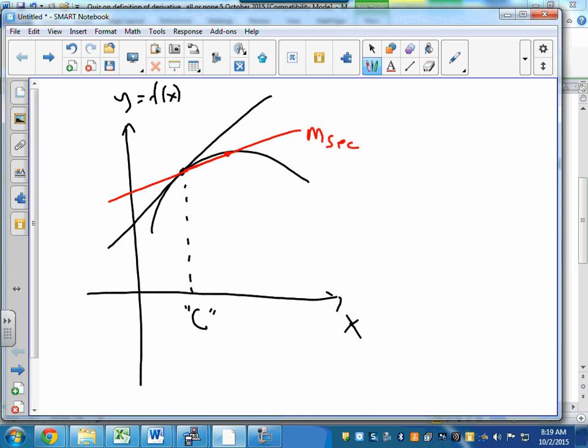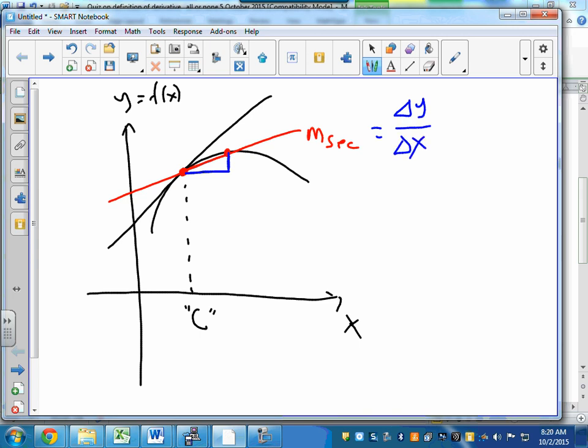Now, as you recall, that's not calculus. That's just plain old algebra 1. You're trying to find the slope of a line given these two points. So let me draw a little triangle here. This is the run, and this is the rise. And you know m sec is the change in the y-coordinate divided by the change in the x-coordinate.